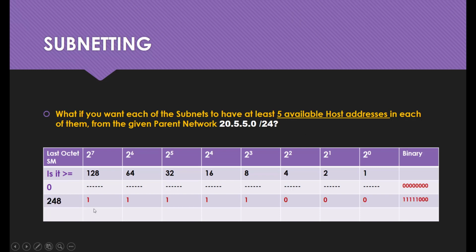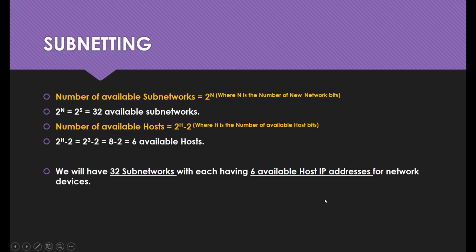So what it means here is that the network portion will be 5 borrowed bits, and the 3 which will be untouched is what will make up the 6 available host addresses.